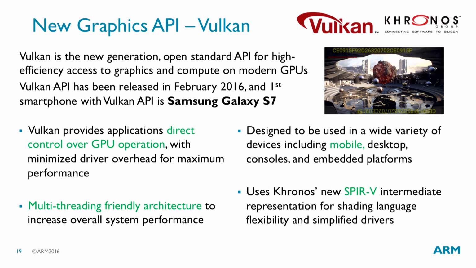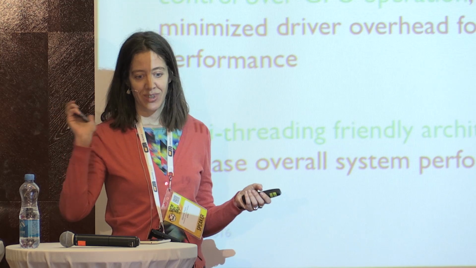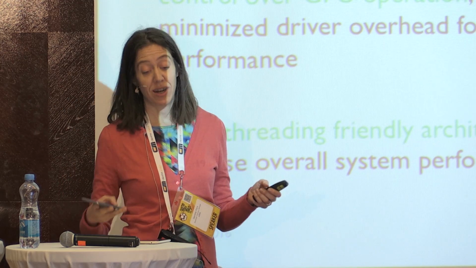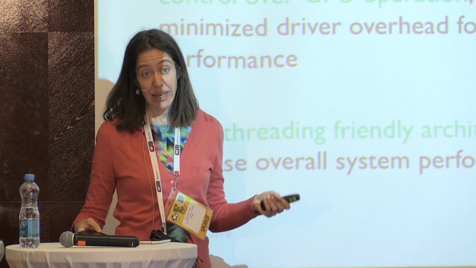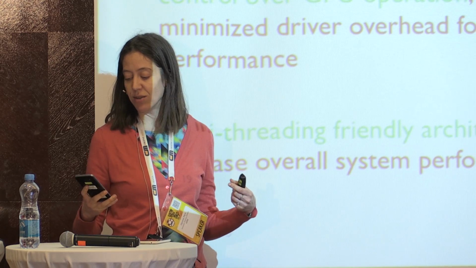But now we are ready, and with these new APIs you just need to code for one single API and you cover cross-platform. It is already available in the Samsung Galaxy S7, and there's a very nice Protostar demo that Epic Games and Samsung jointly did with our support, and it is running on this phone.